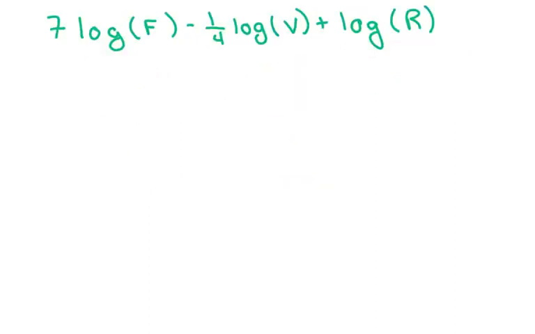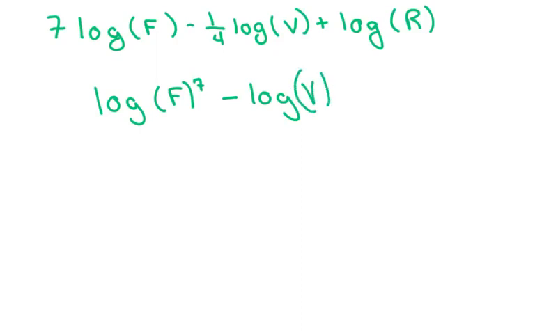And the last one, the same thing. I'm going to first do my power property. That's log of f to the 7th minus log of v to the 1/4 plus log of r. Now, v to the 1/4 is the 4th root.